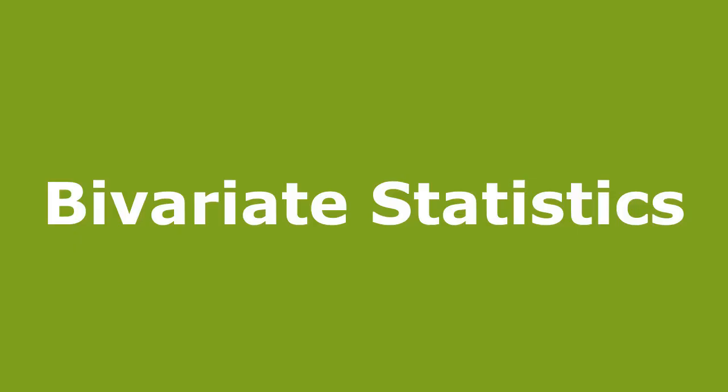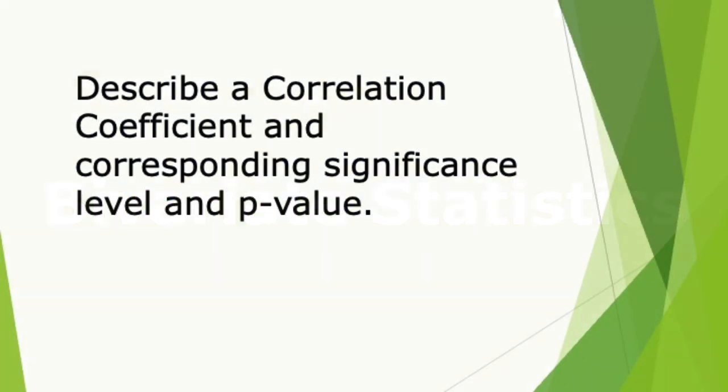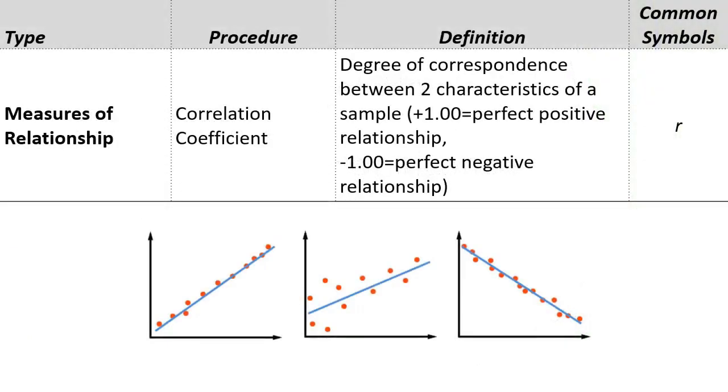All right, so let's spend a little bit of time here looking at bivariate statistics. Again, bivariate means that you're looking at statistics for 2 different variables together. You should be able to describe a correlation coefficient and corresponding significance level or p-value.